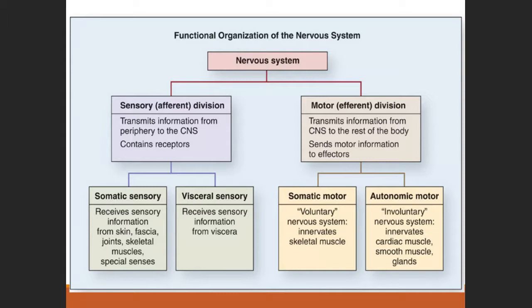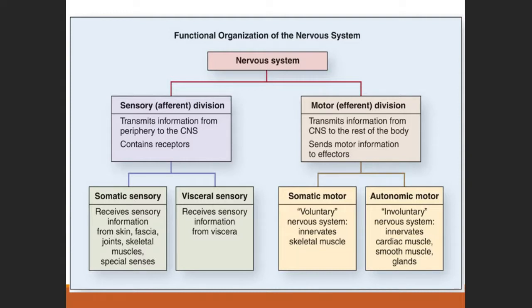That's going to be the nervous system responsible for sensations that we perceive: deep touch, light touch, pain, vibration, the special senses like vision, hearing, taste. It's also going to be related to the somatic motor, the voluntary nervous system. That's the motor system by which you voluntarily control skeletal muscle.